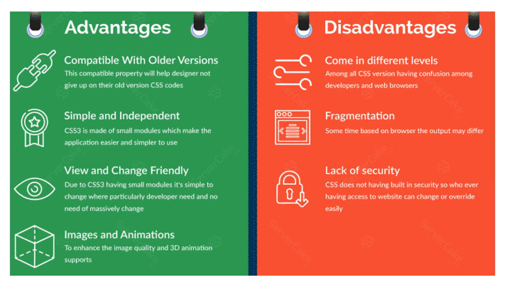View and change friendly. Due to CSS3 having small modules, it's simple to change what a developer particularly needs, with no need to change things massively. Images and animations: to enhance image quality and support 3D animations.